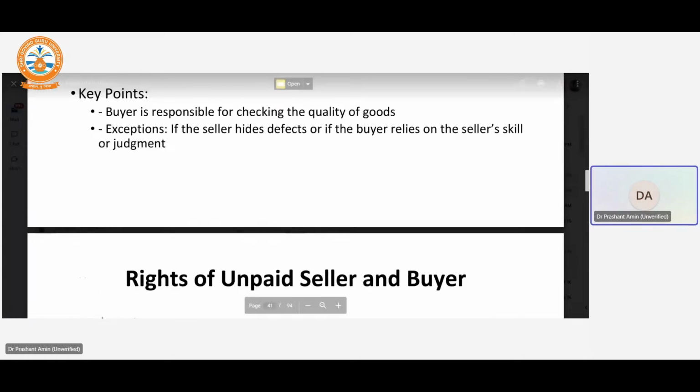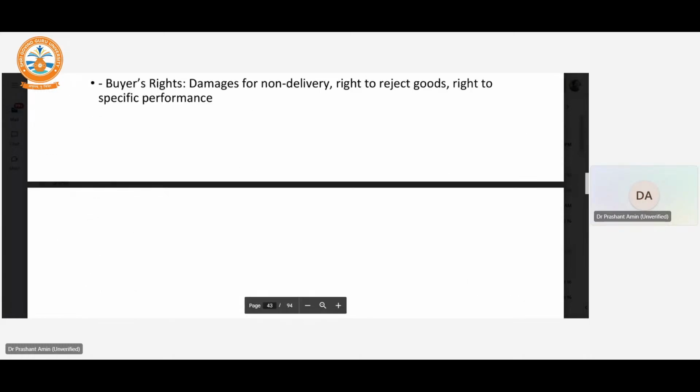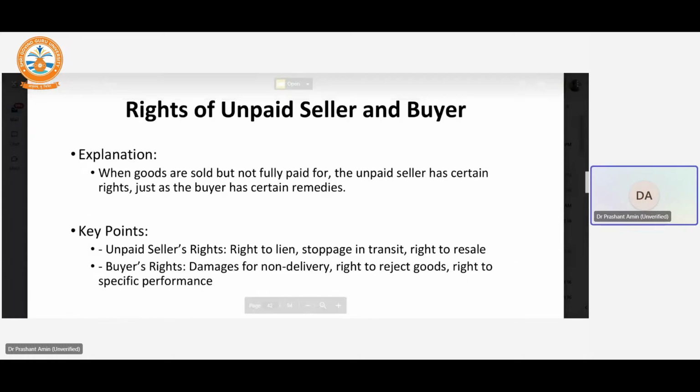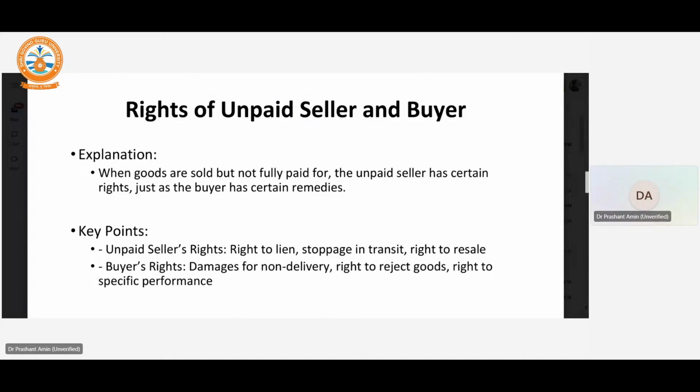Right? So when we talk about the rights of unpaid sellers and buyers, when the goods are sold but not fully paid for, the unpaid seller has certain rights, just as the buyer has certain remedies.